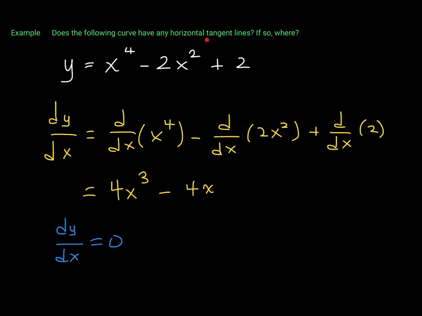Horizontal tangent lines means the slope is equal to 0 because the slope of any horizontal line is 0. And the derivative function describes the slope. So we're setting the derivative equal to 0. So then this implies that 4x cubed minus 4x equals 0. When is that 0 is the question.